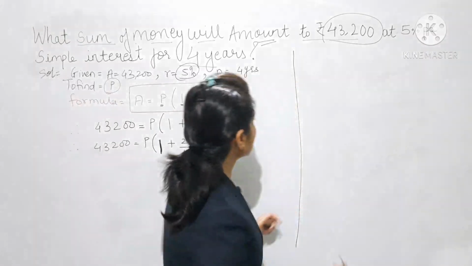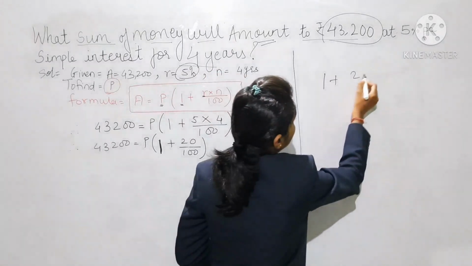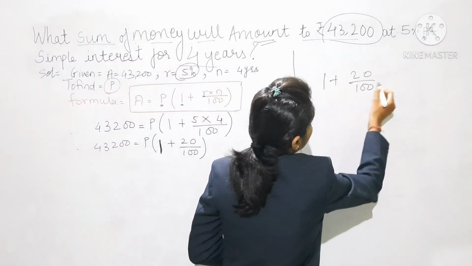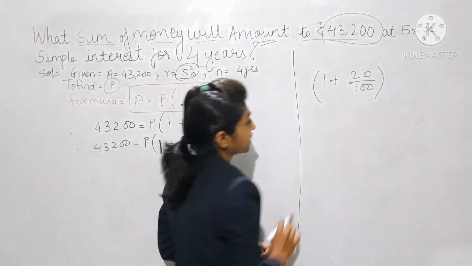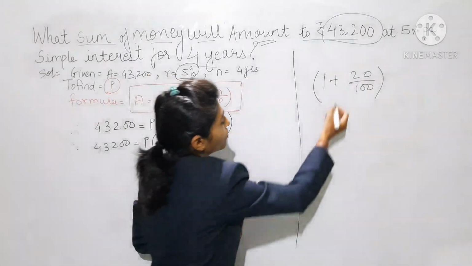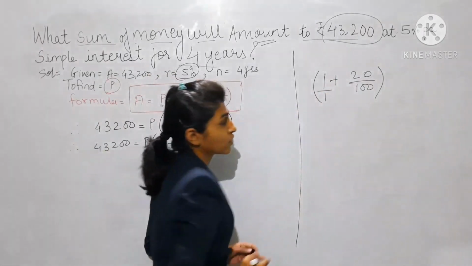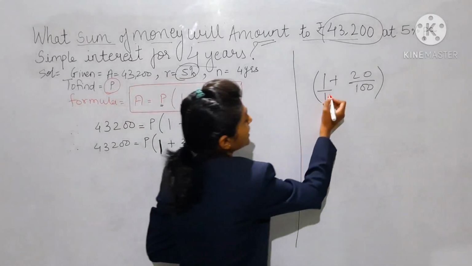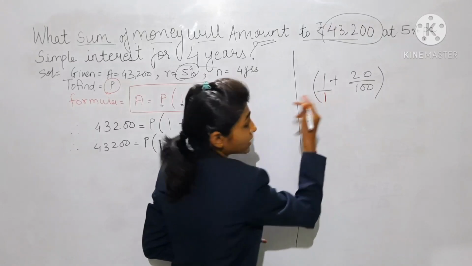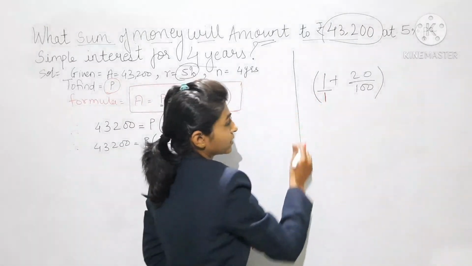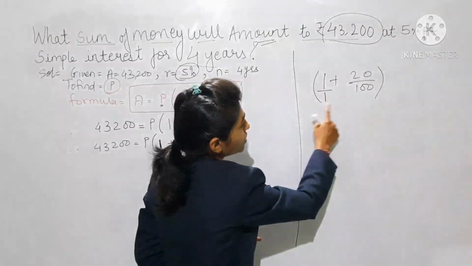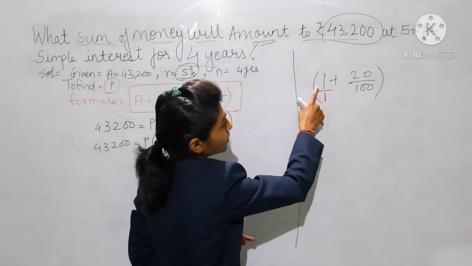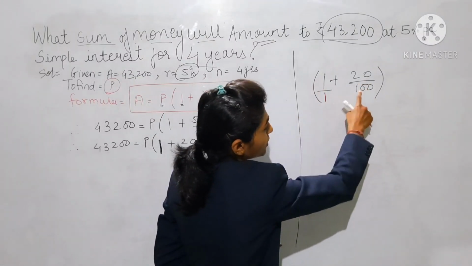So see, 1 plus 20 divided by 100. Assume that over here there is 1. Now see, this is 1 upon 1 and 20 upon 100.